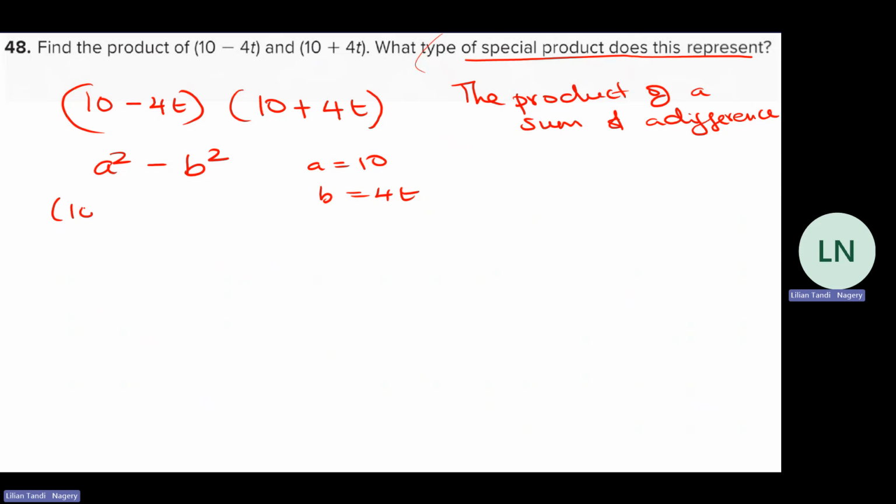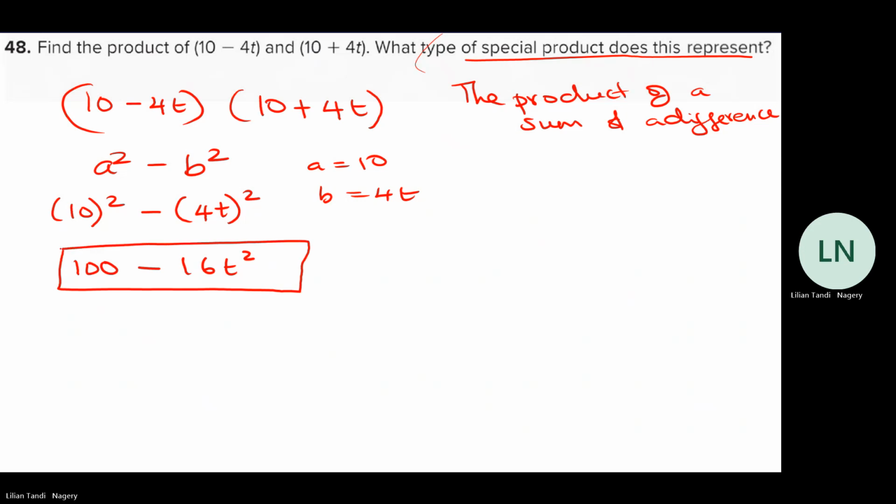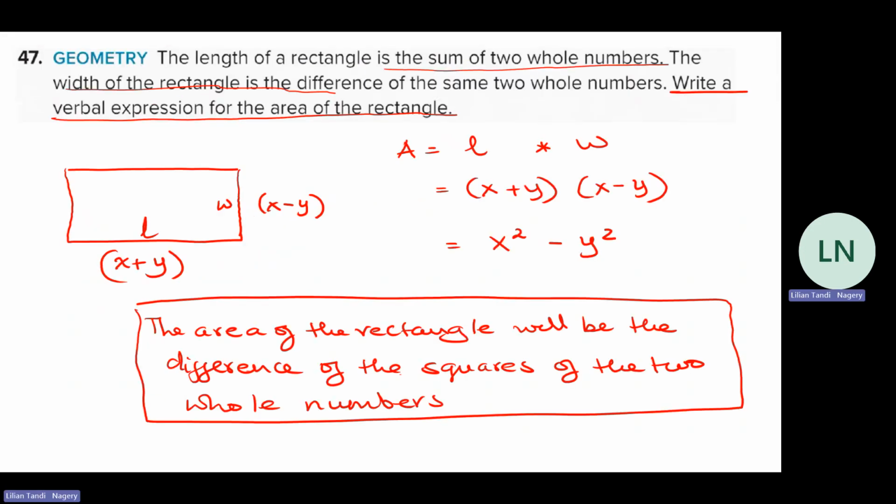Our answer will be 10 squared minus (4t) squared, which will be 100 minus 16t squared. I'm thinking the area of the rectangle would be the difference of the squares of the two whole numbers.